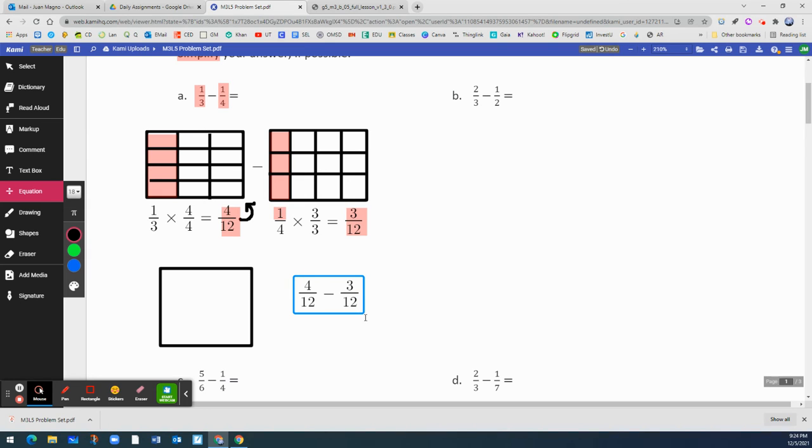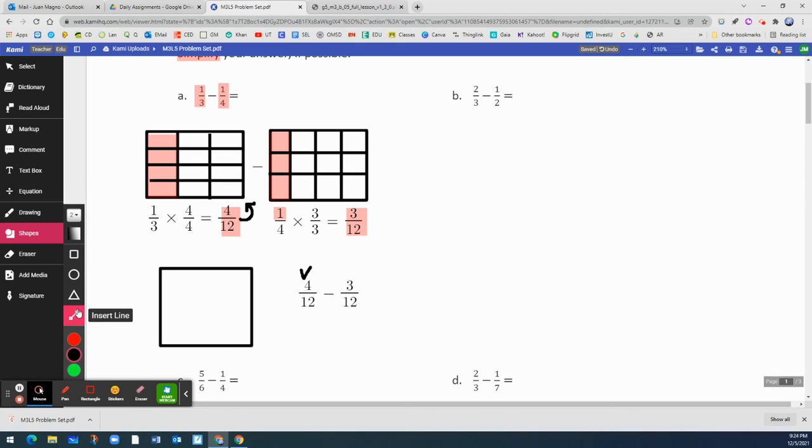So now we have to match that on the new model. So let me demonstrate. First we have this number, which is 4/12. So we're going to show that on the model there. So let me just get my lines. We're gonna do again divided by 3. All we're doing is repeating the same thing.